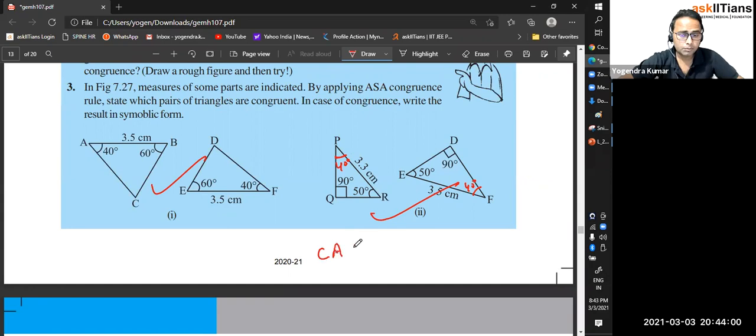You have to remember that angle A plus angle B plus angle C in a triangle is 180 degrees. That's how I wrote 40, 40. So here 40 and 50, and the included side is 3.5. My bad, I didn't pay attention to that. You need to be careful about that. 3.3 and this is 3.5. They're not congruent.